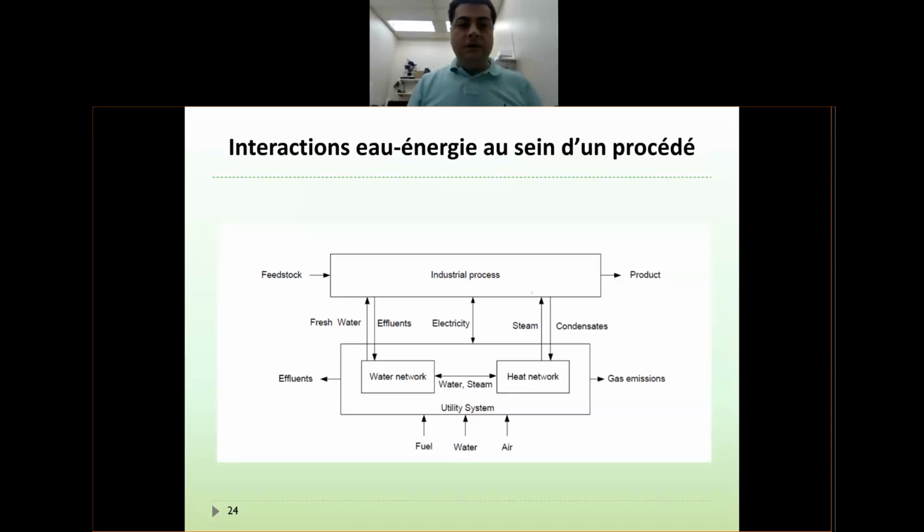Okay, so if you remember, last week we discussed specifically the energy efficiency of the process, how we can improve process heat exchange in general. As we discussed, in any process, including biorefineries, we have two types of heat exchangers.